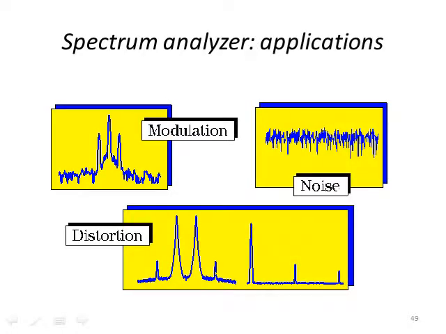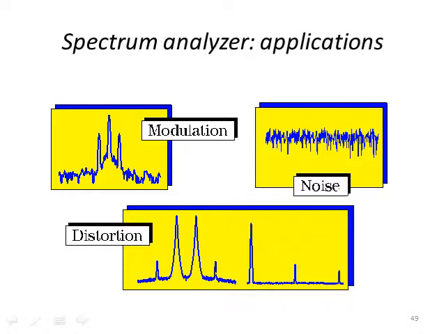Now, for the spectrum analyzer, you can look at modulation. So remember, we were looking at synchronous demodulation where we had the DSB signal with our carrier signal. So you can see we can look at the modulation spectrum. We can look at noise, so we can look at the noise spectral density. And we can also look at distortion in our signal.